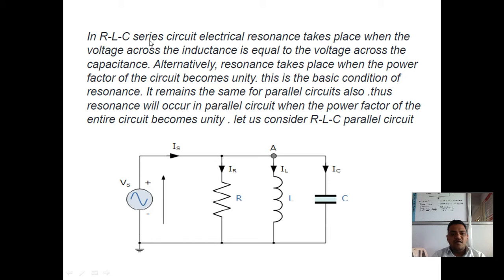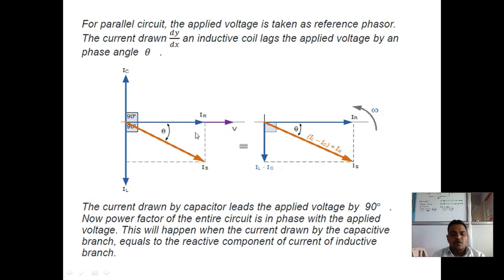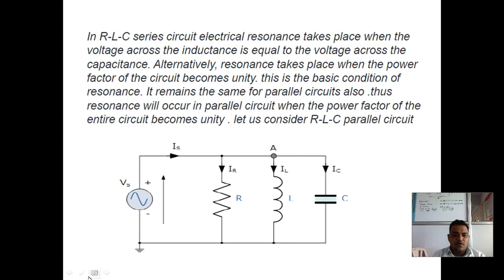In the RLC circuit, electrical resonance takes place when the voltage across the inductance is equal to the voltage across the capacitance.